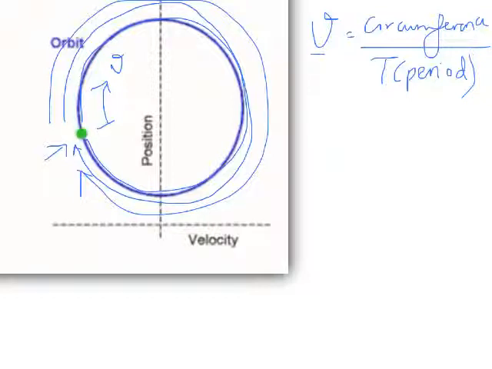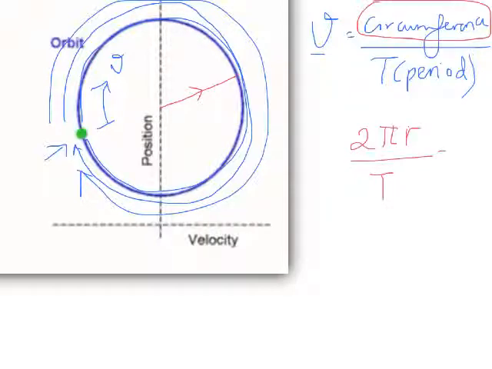If I draw the radius here, we know that 2 pi r gives us the circumference, and over the period that would give us the speed of the particle traveling in a circle. Because it's linear speed, the units would be meters per second, m s^-1.